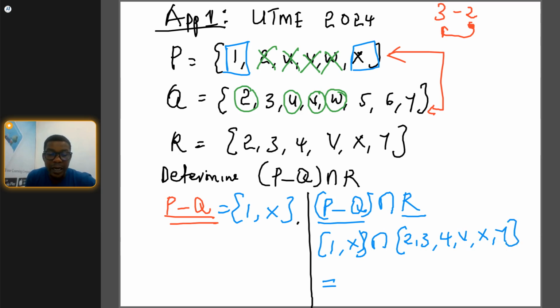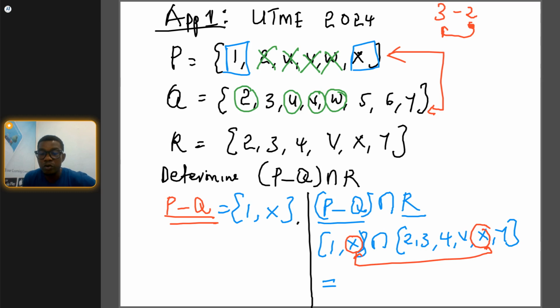Okay, the final answer: we are trying to get the intersection between both of them. So let's check both sides. What are the common elements? We have 1 here, but we don't have 1 in R. But we have X here, and we also have X here. So X is common to both sides.